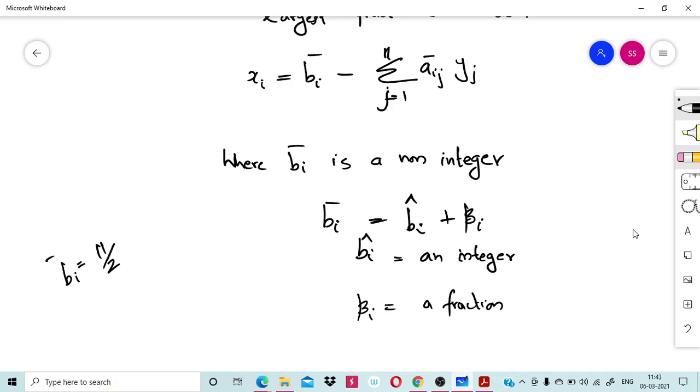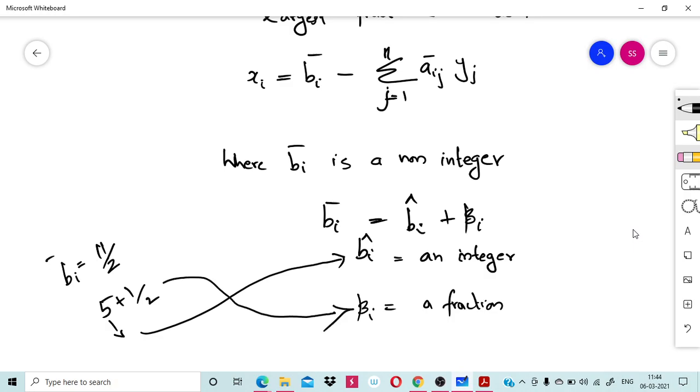One number will be the integer part, and the other will be called the fractional part. That is, 11 by 2 means 5 plus 1 by 2. So this is our integer part, that is nothing but our bi cap, and 1 by 2 is our beta i, that is our fractional part.